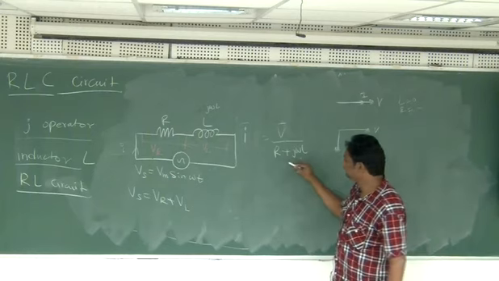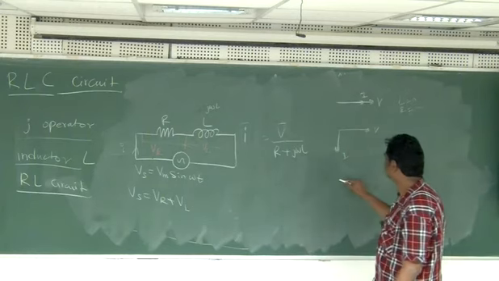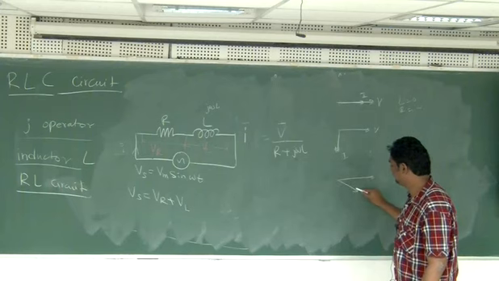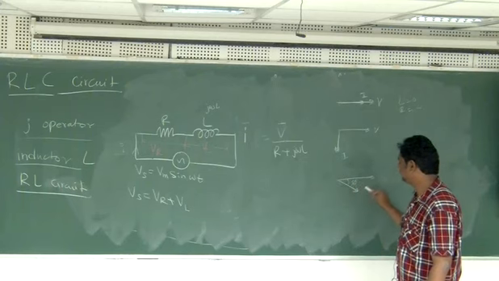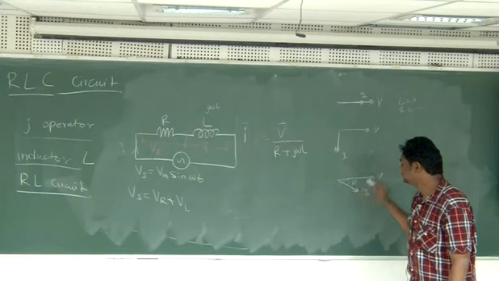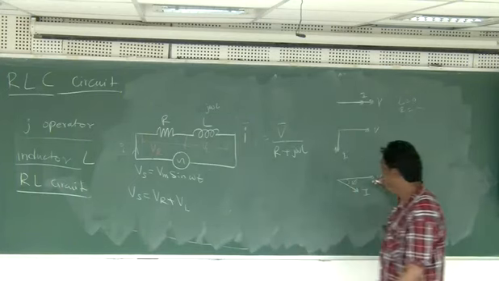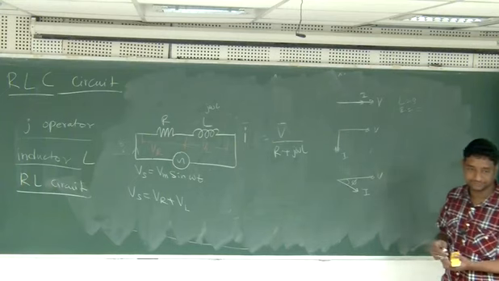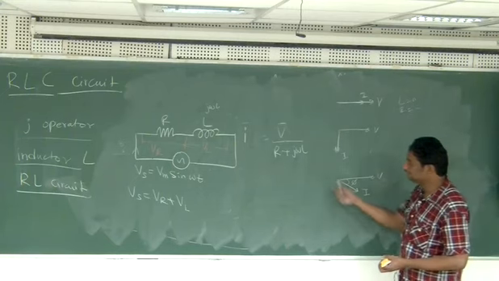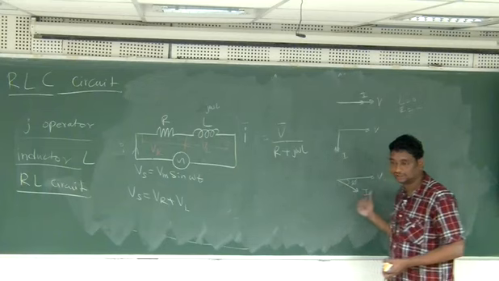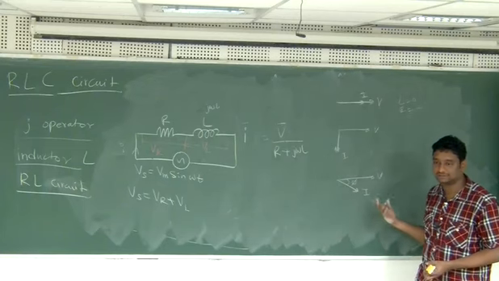If both have some values, then you will get some combination like this, some angle phi. So this is V and this is I. This is the case for an RL circuit. The voltage will be leading and the current will be lagging. Depending on the values that you choose, the amount of angle it is lagging will change.